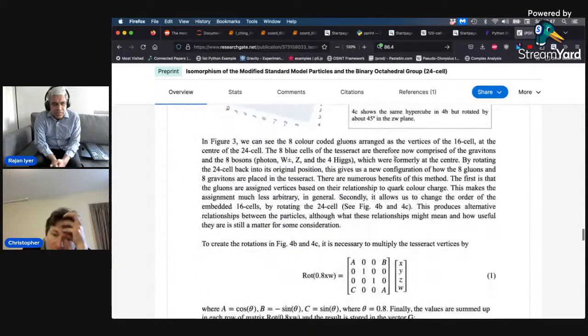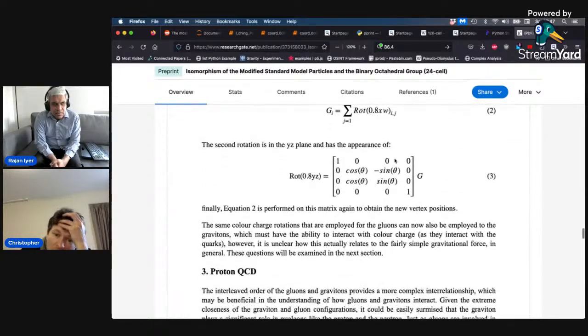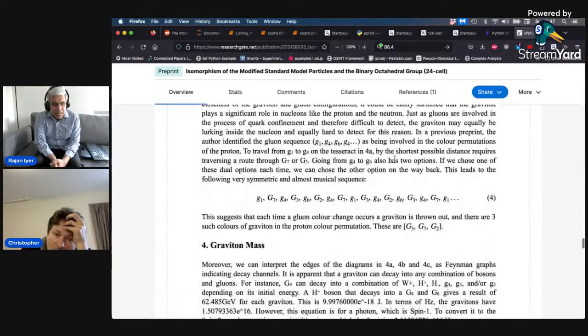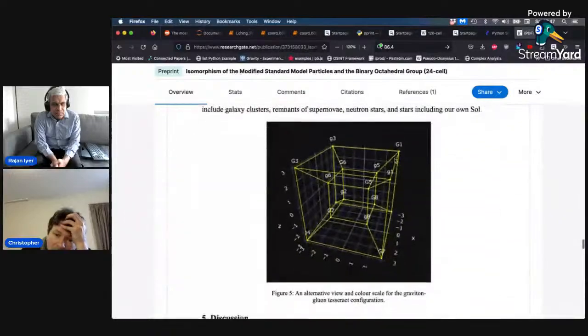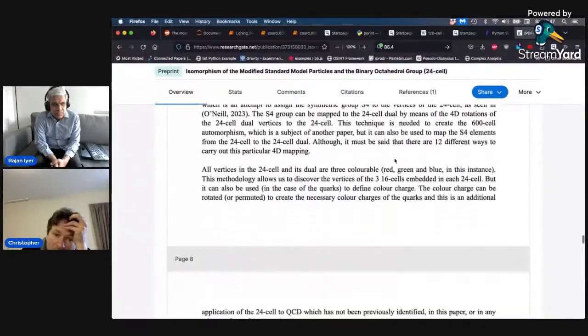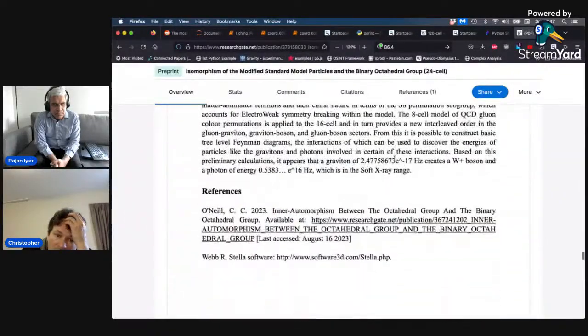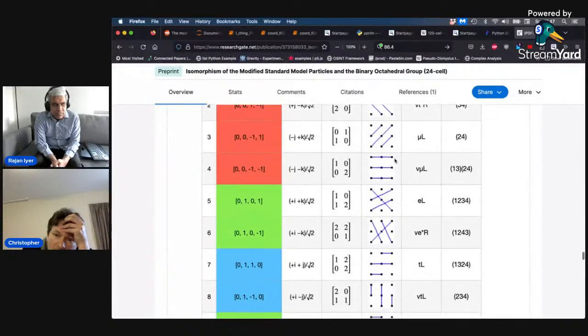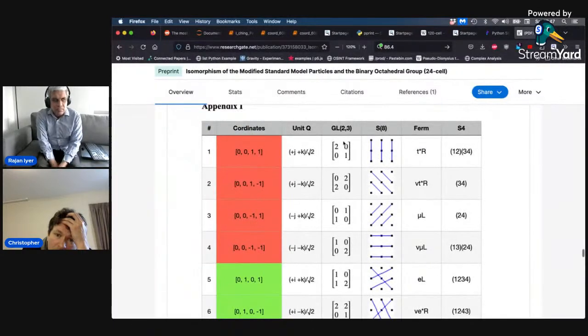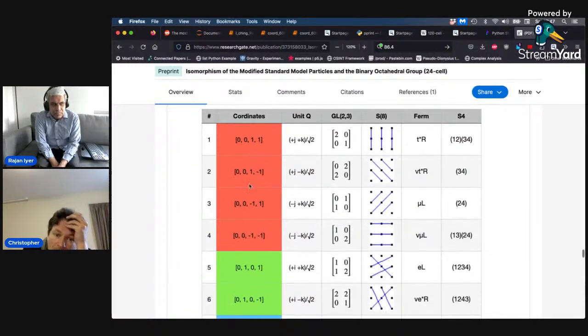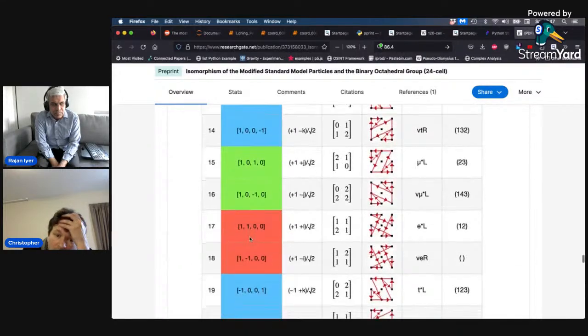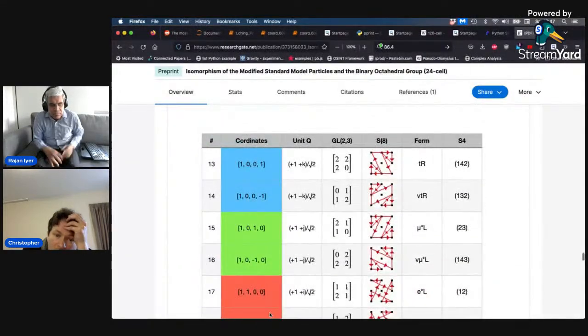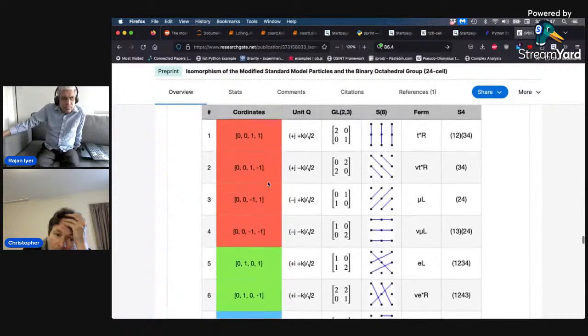Electromagnetism is obviously in there, the fermions, and all of that. So it was looking pretty good, really, and in a lot of ways, there were a lot of positives. We were able to link it with the quaternions, the general linear matrices of 2, 3, S8 obviously, and S4, and then the coordinates of the 24 cell with the color charges permuted.